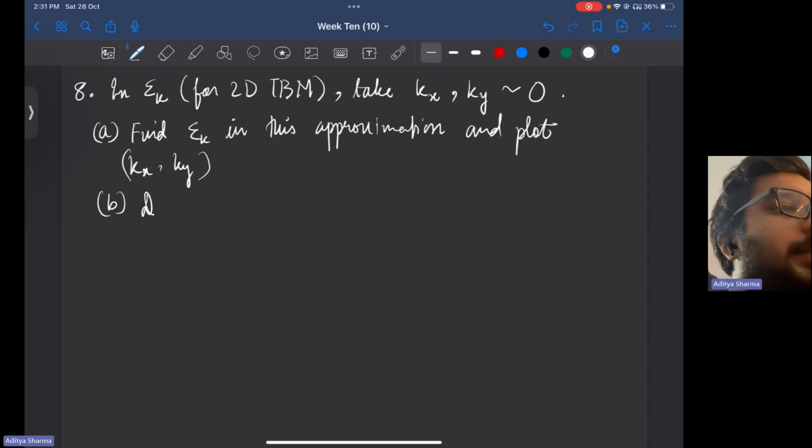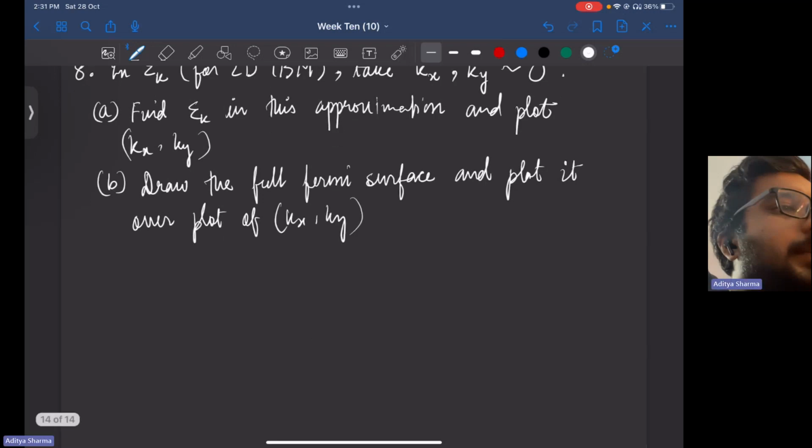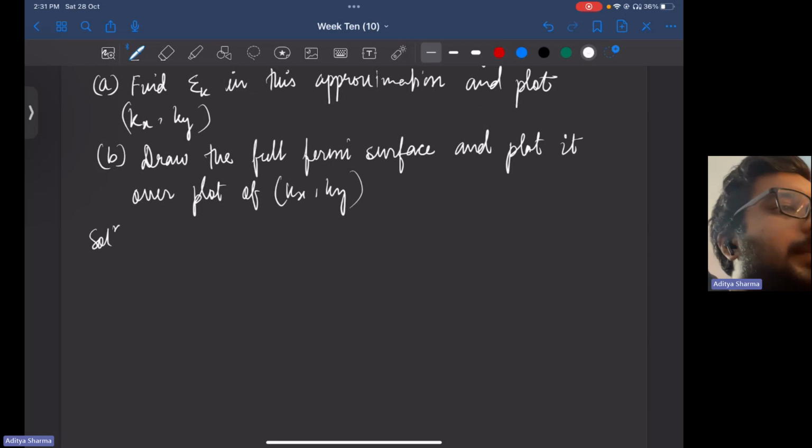Now draw the full Fermi surface and plot it. This is the question. Solve it.